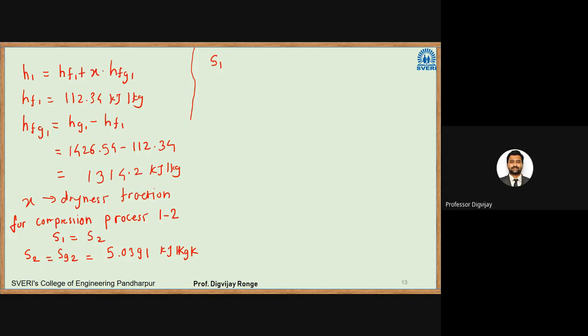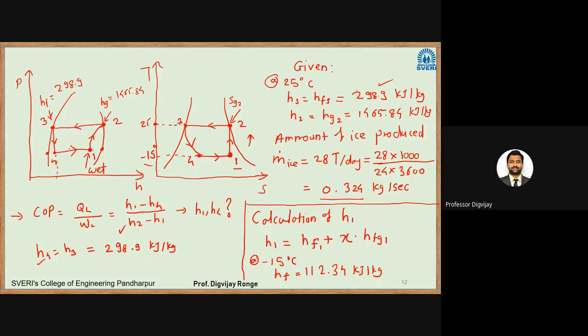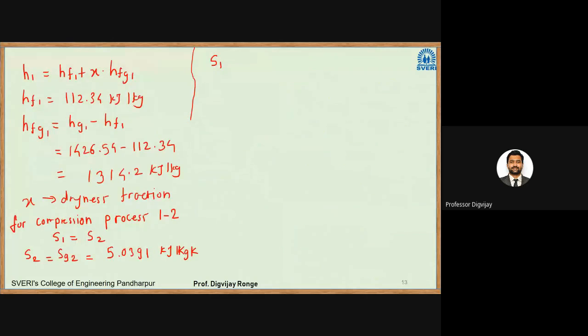See here, point 1 lies in between the saturated vapor and saturated liquid curve. That means the state of refrigerant at point 1 is wet. So it has some dryness fraction. So S1 will be equal to SF1 plus some dryness fraction into that difference SFG1.